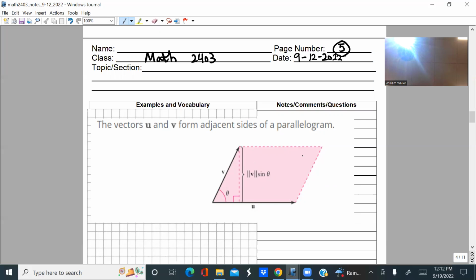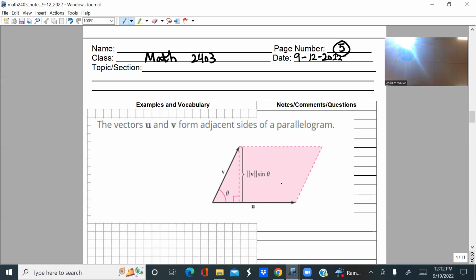It's sometimes ugly to compute the area of parallelograms, isn't it? In geometry? A parallelogram is not quite that simple, right?